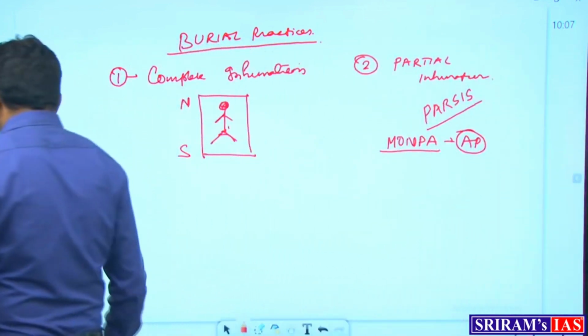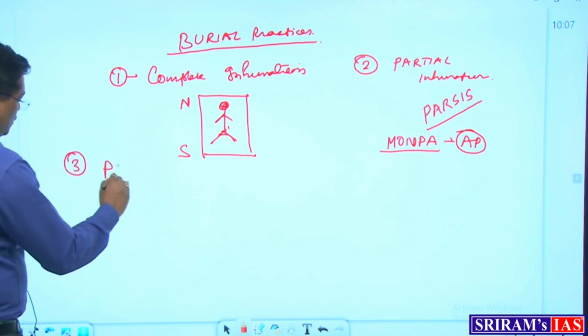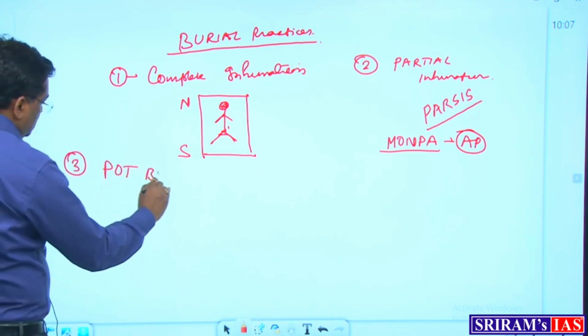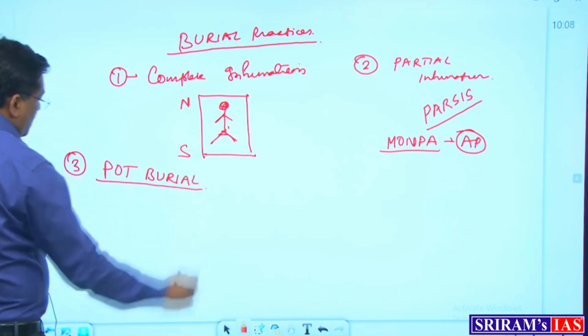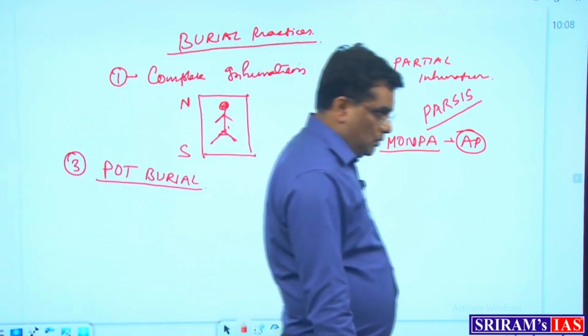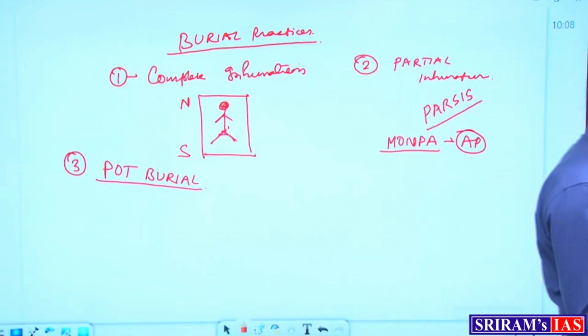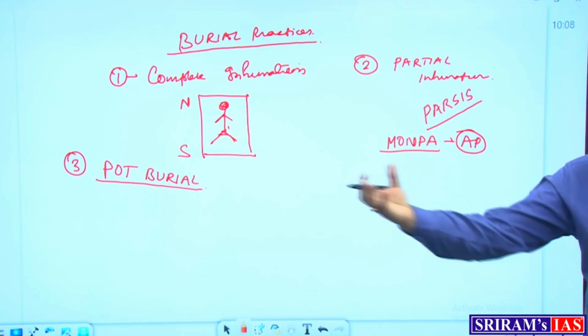The third type of burial is pot burial. It means you burn the dead body, and then in a pot you collect the ashes and the bones and put it in the river.